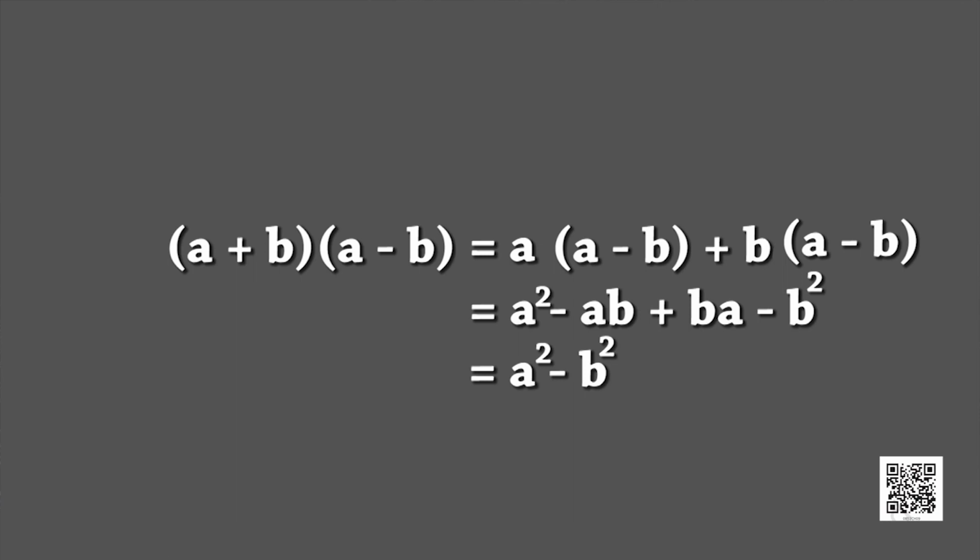Here we use distributive property, which is equal to a square minus ab plus ba minus b square, which is nothing but a square minus b square. Can you tell me why it is? Because ab is equal to ba. Good.